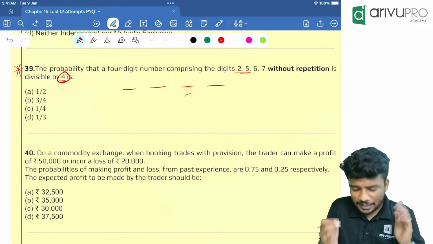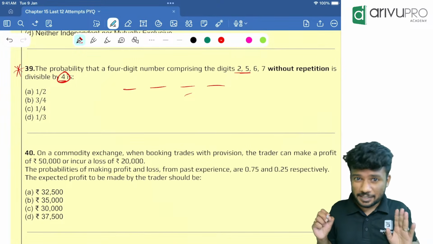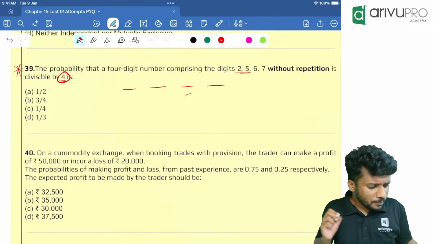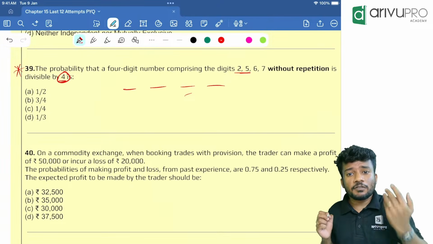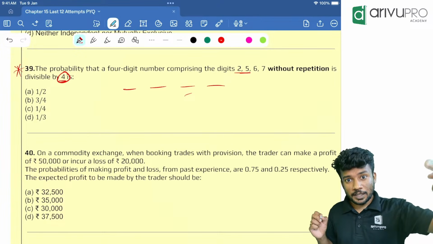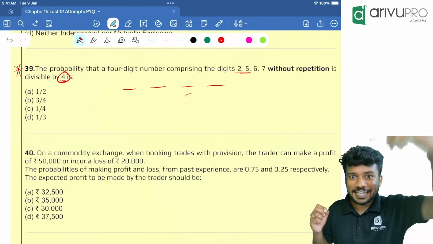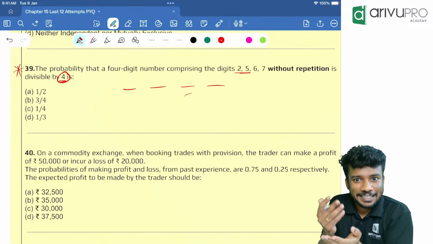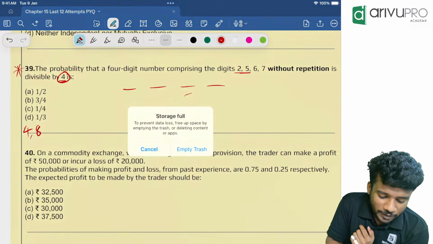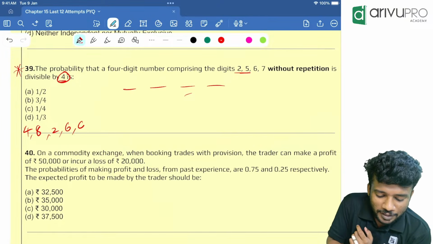So, people, when is a number divisible by 4? I'll give a brief explanation before going directly to the shortcut. You know that when we check the table of 4, the first number is 4, next is 8, then 12, 16, then 20, then again 24, 28, 32. Likewise, it is repeating. The last digit should be either 4, 8, 2, 6, or 0.